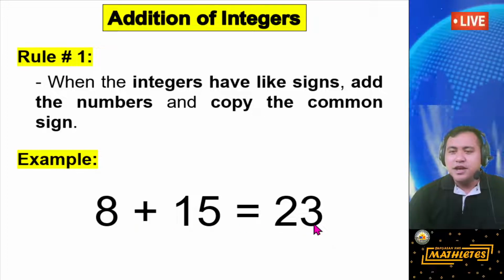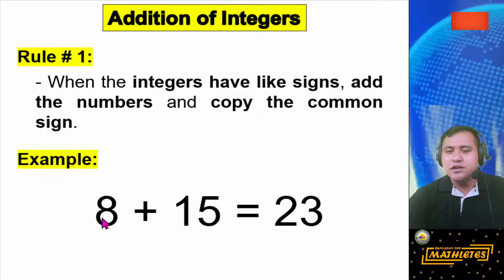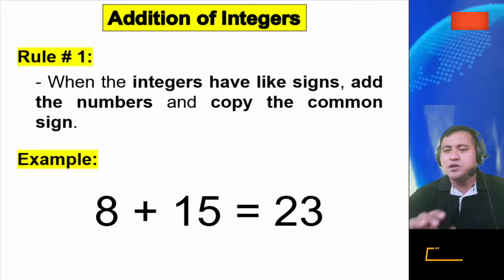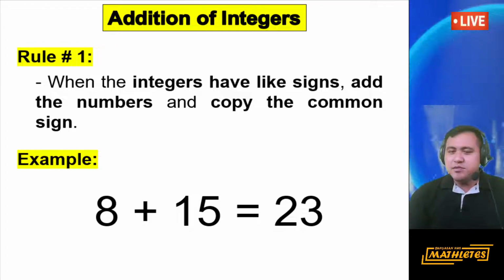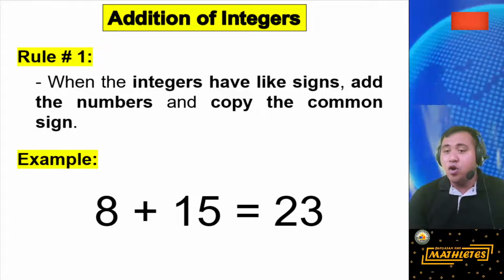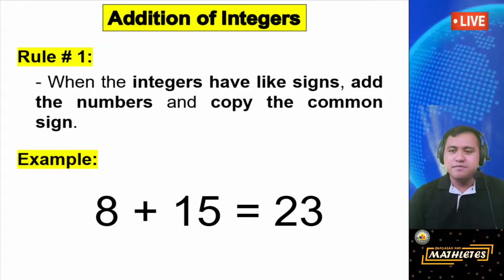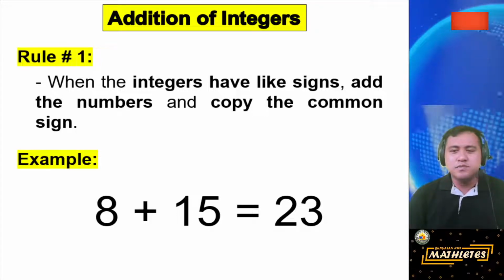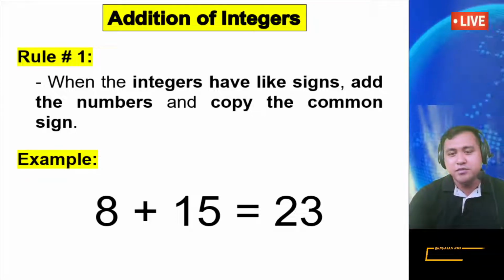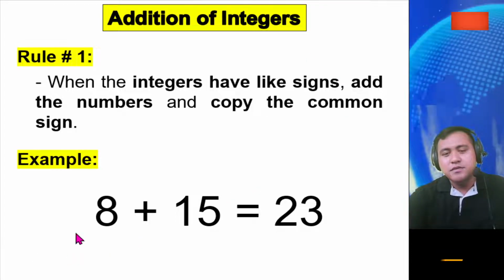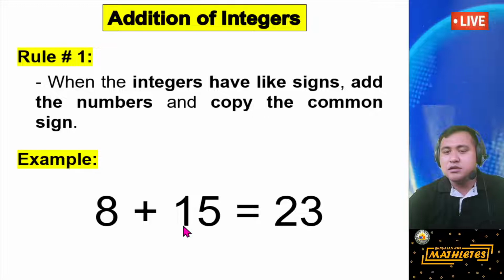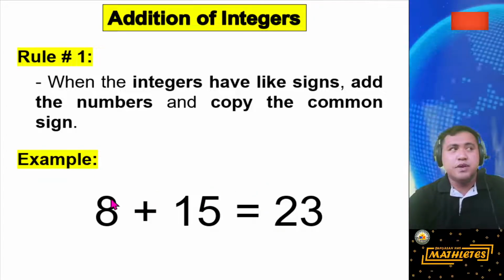It can be read as positive 8 plus positive 15 equals positive 23. Both 8 and 15 are positive, therefore we are going to add the numbers. Pareho man. So 8 plus 15 equals 23, positive 23. Kaya pareho man positive.